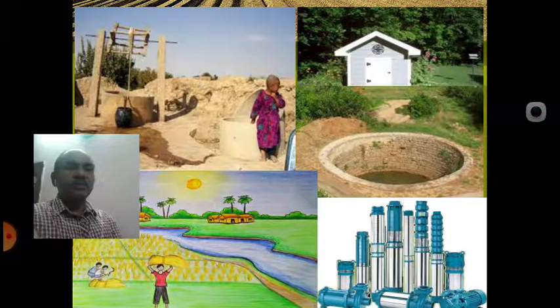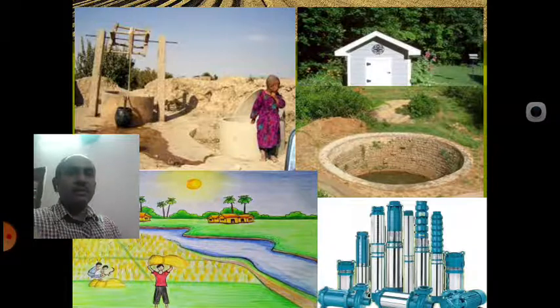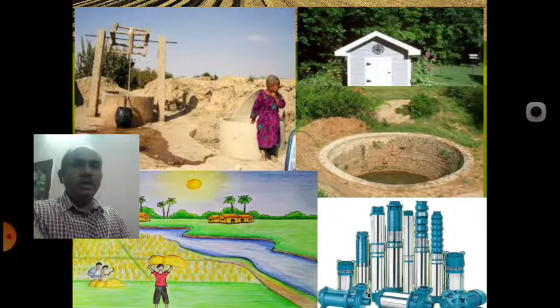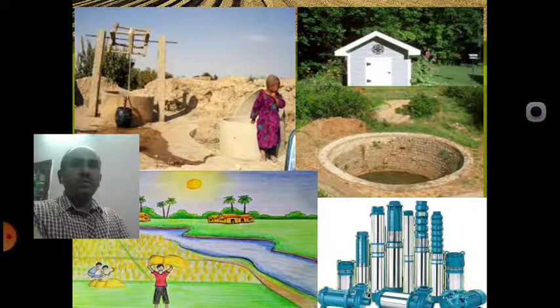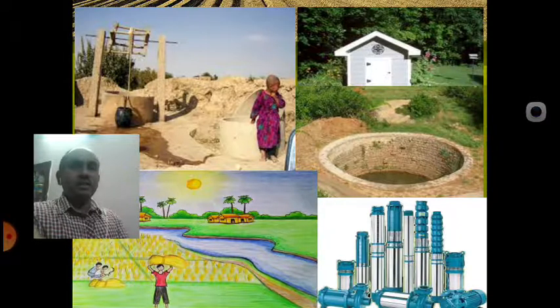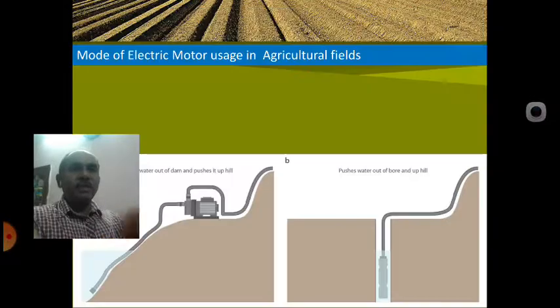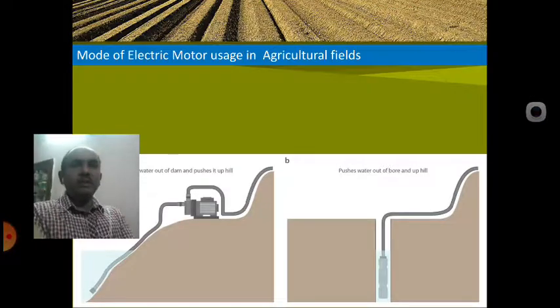Let us learn what our electrical devices are that help the farmer to do agriculture in the fields. So let us see. Now, as we know, these electrical motors may be of two types.